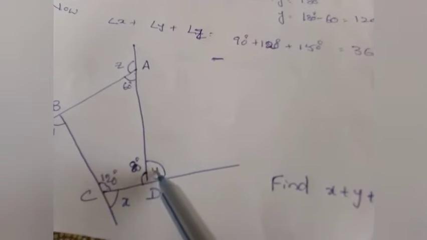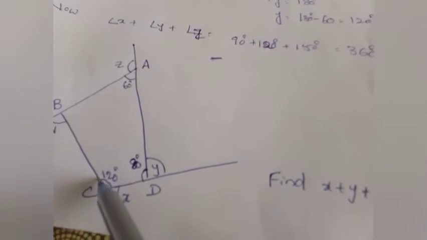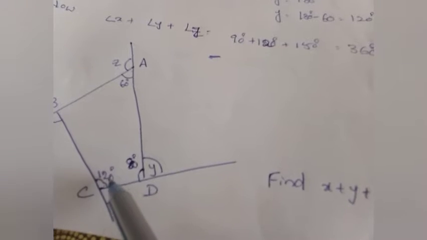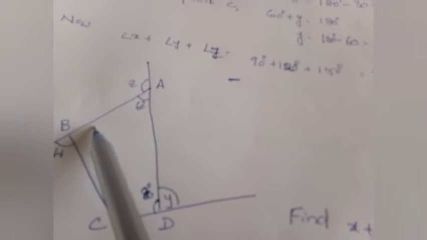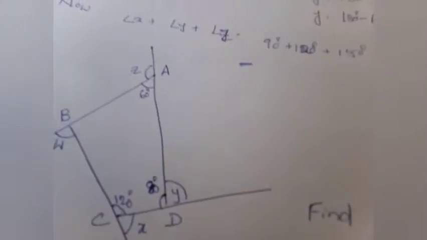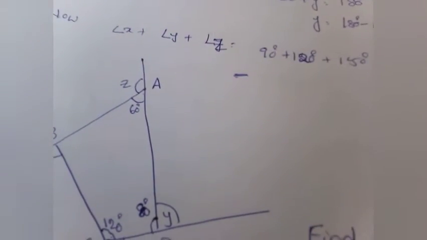If you subtract this, then we will get y. So 180 minus 120 is x. But here, to subtract, one angle is not given. So first we have to find the value of B. How? The sum of the angles of a quadrilateral is 360. By using that formula, I have to find the value of B here.